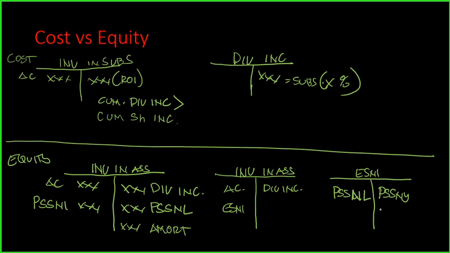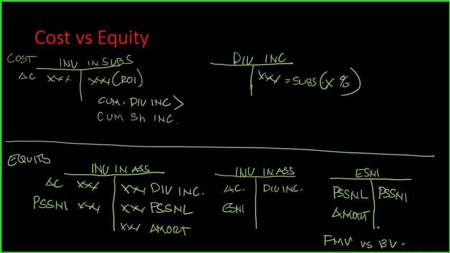Okay, and then you will have the amortization of excess. Okay, the excess of fair market value versus your book value.